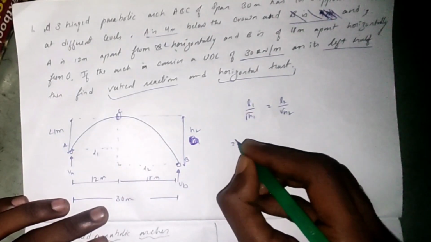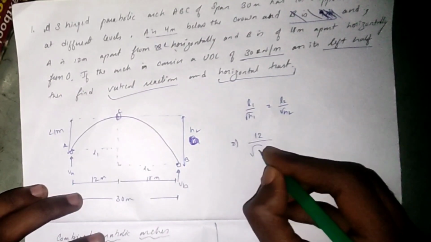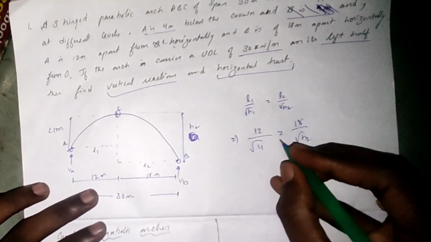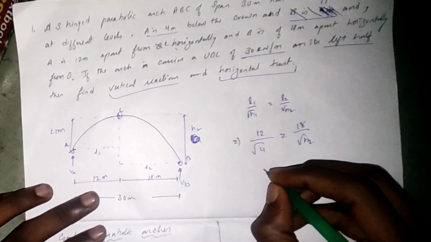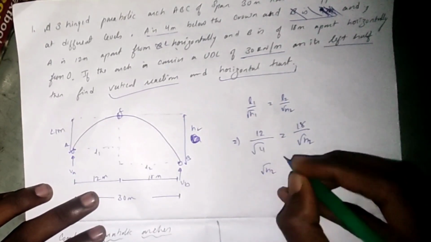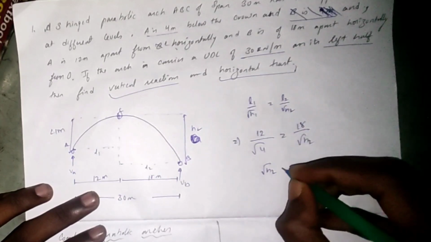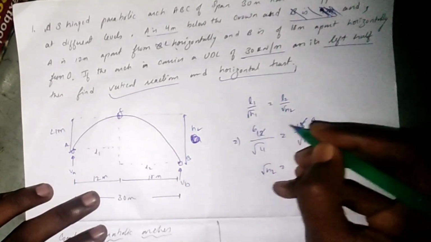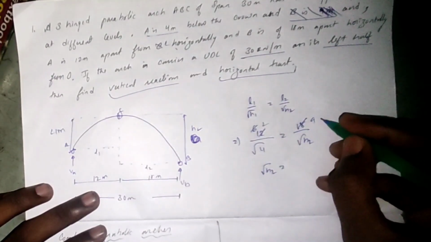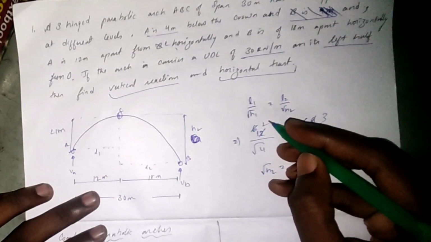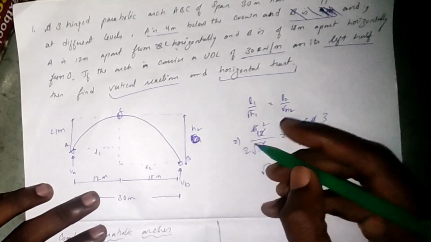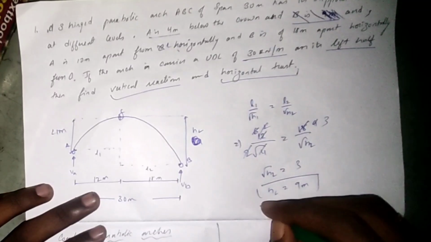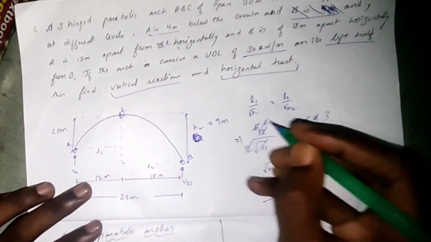So put in the values, 12 under root 4, 18 under root H2. Now let H2 be unknown. This will be 9, this will be 6, this is 2, so this will get cancelled. Then H2 will be 9 meters.